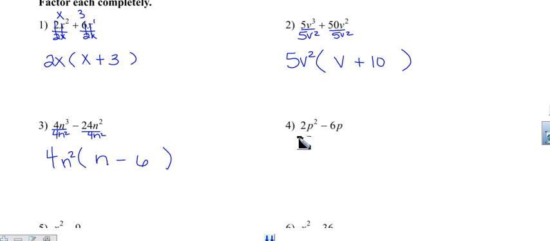Number 4. What do they have in common? They both have a 2 and a p. When I divide 2p out of each term, I am left with p minus 3.